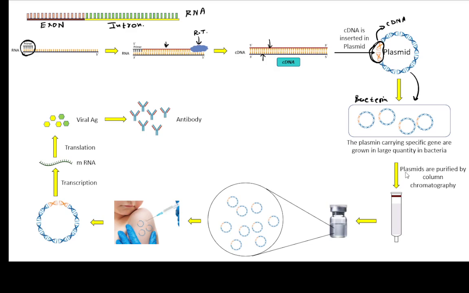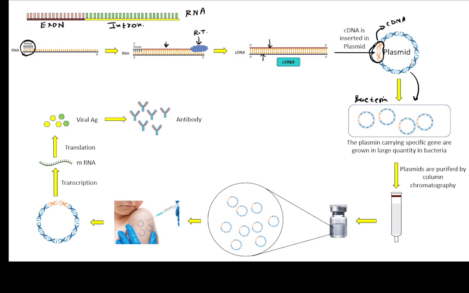Now we are going to collect and purify the plasmid. So how to purify? By column chromatography. Plasmids are purified by column chromatography. These are the plasmids. Plasmid means it is a non-replicating DNA, and we are inserting the cDNA into the plasmid.